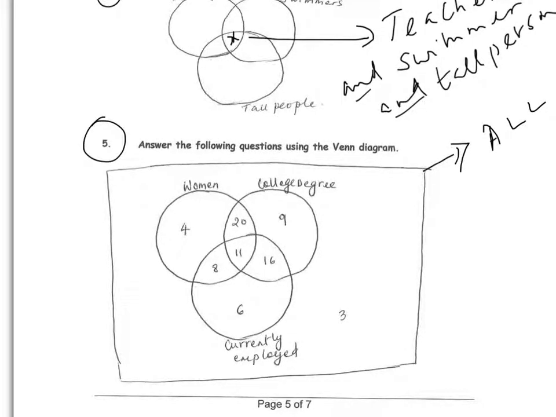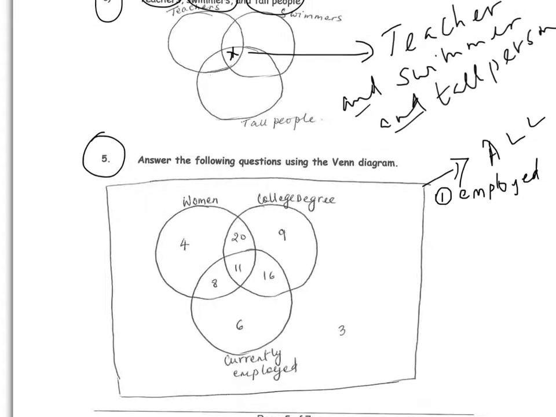So our first question, how many employed men, so they have to be employed, they have to be men and without a college degree, which means no college degree.